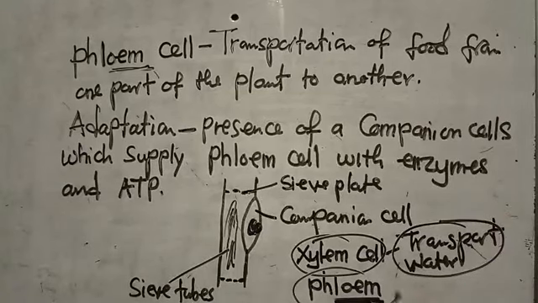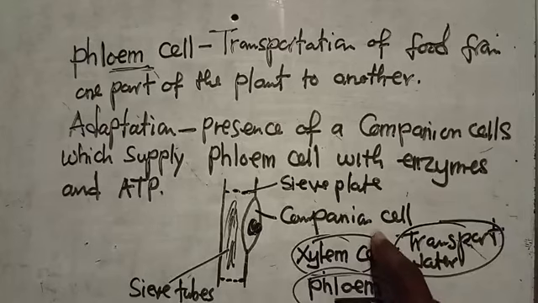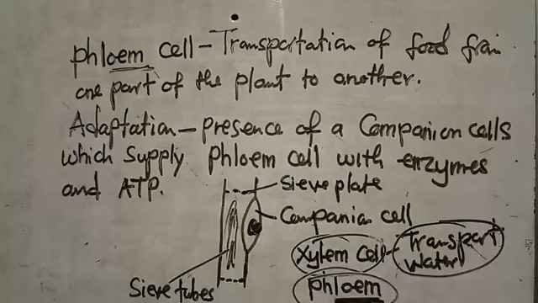But a phloem is responsible for transportation of sugars, proteins, and other things that get to be involved. Xylem transports and stores water, but phloem is just responsible for transporting sugars, proteins, and other organic molecules.